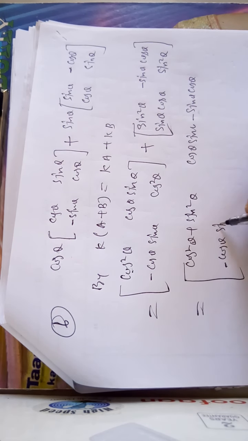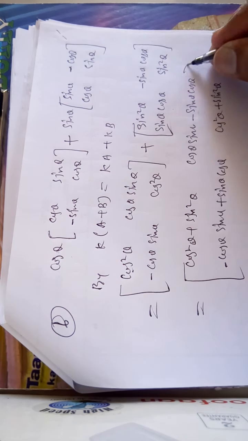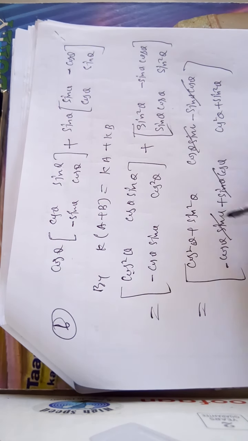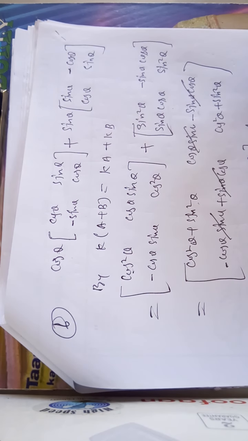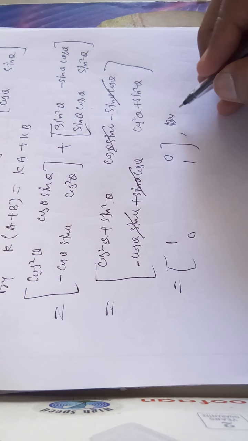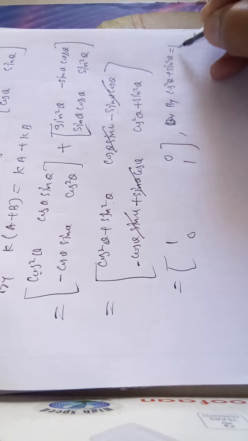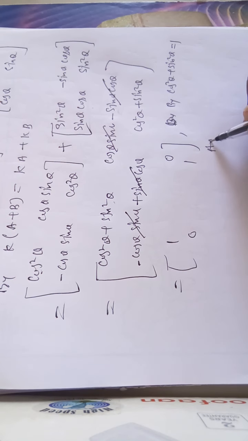Minus cos theta sin theta plus sin theta cos theta also cancels. Cos squared theta plus sin squared theta is equal to 1, so we get [1, 0; 0, 1]. Using the property cos squared theta plus sin squared theta equals 1, this is the identity matrix answer.